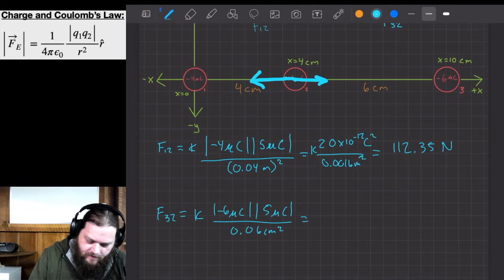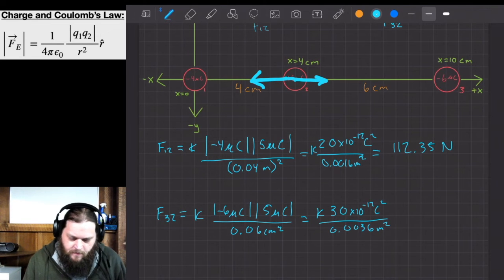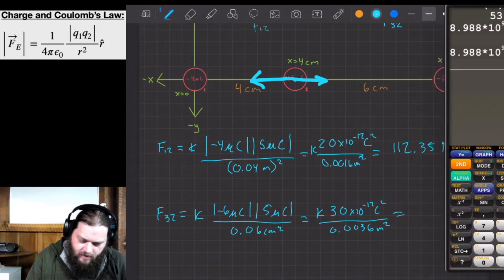Do my math right this time, and again, this is going to be 30 times 10 to the negative 12 coulombs squared divided by 0.0036 meters squared.